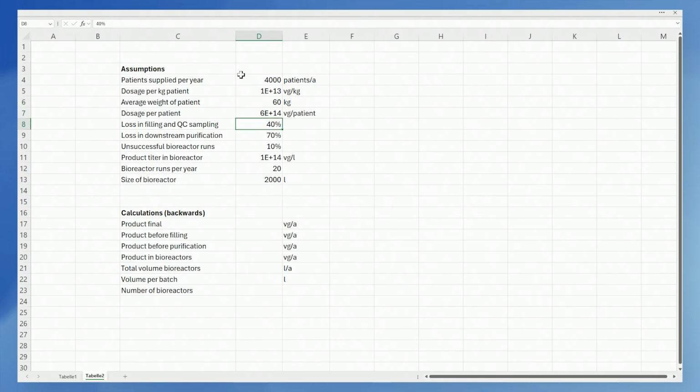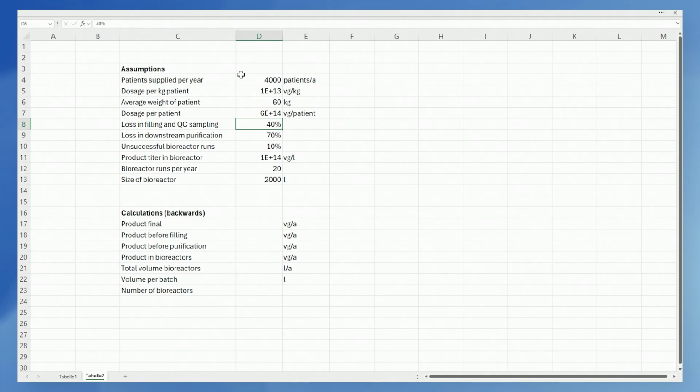And then you have to consider losses in the processing. So if you're calculating yourself backwards from the amount of final product towards the bioreactors, then you will have to consider the loss in the filling operation and the QC sampling. And this can be as high as 40%.